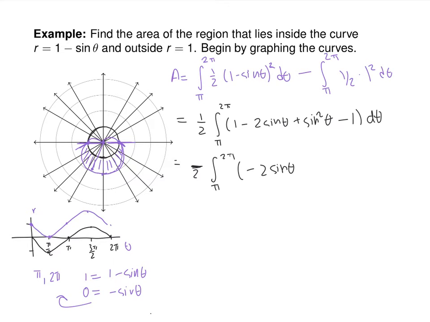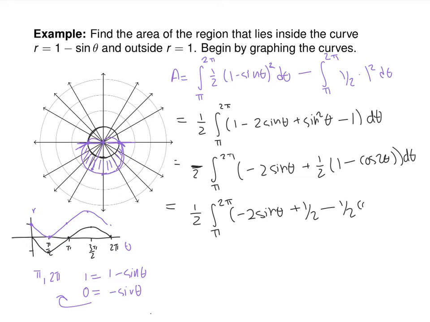We have to express sine squared theta using our double angle identities. That's 1/2 times 1 minus cosine of 2 theta d theta. So here we go. 1/2 integral pi to 2 pi, negative 2 sine theta plus 1/2 minus 1/2 cosine 2 theta.